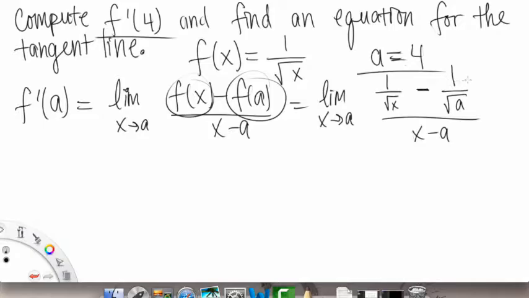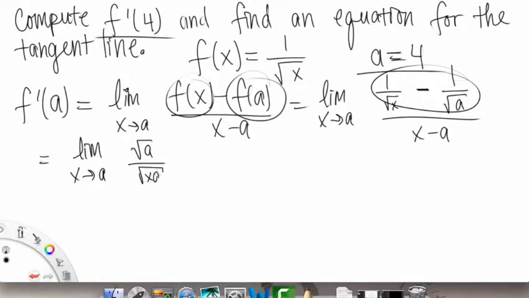On the top here, let's get a common denominator and see what happens. So this is going to be equal to the limit as x approaches a, and then we have square root of a on the top over square root of x times a, minus square root of x on the top over square root of x times a again.